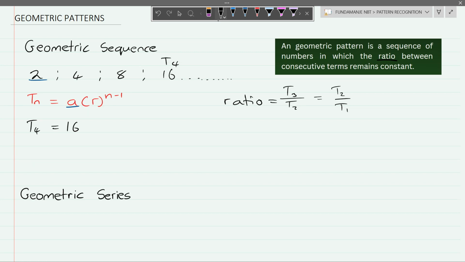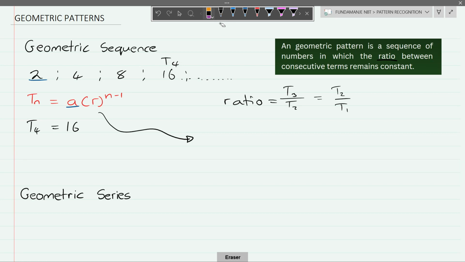And also be aware that there are questions in which you are given the value of Tn and you are asked to find n. So in that case, let us try it.